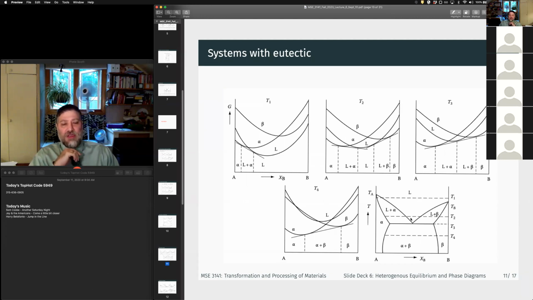So if we are exactly at the eutectic composition and we cool down, we're going to be liquid, liquid, liquid, and then we drop the temperature just a tiny bit more, and we're going to freeze out into alpha at this composition and beta at this composition, right?